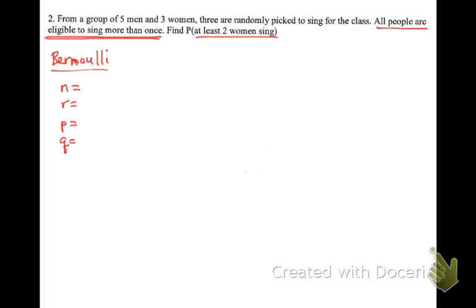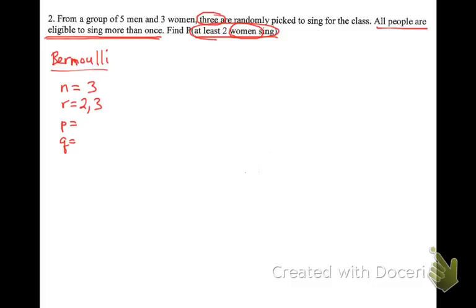Now we're looking for the probability that at least 2 women sing, and we're choosing a group of 3 randomly picking. That 3 randomly picking is going to be our n value, and at least 2 women singing is going to be 2, 3. Now be careful here. The probability of success is going to be the probability that you choose a woman to sing.